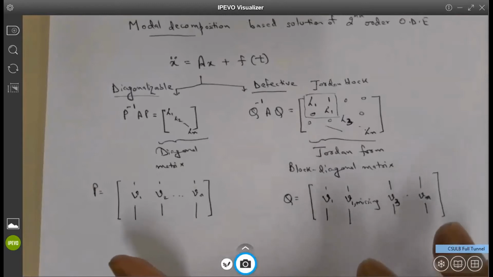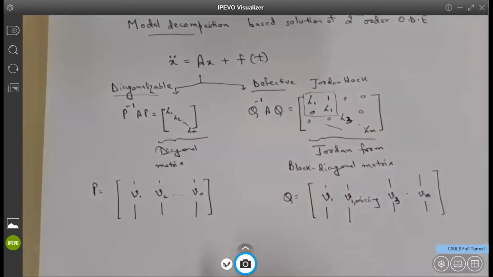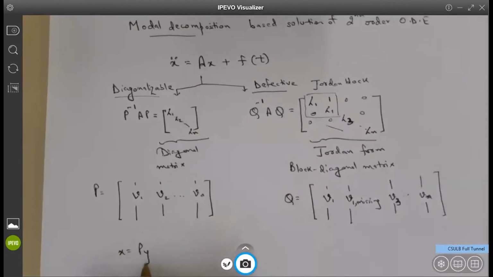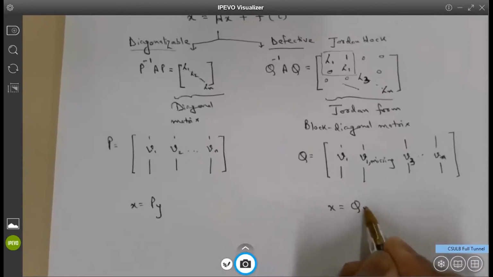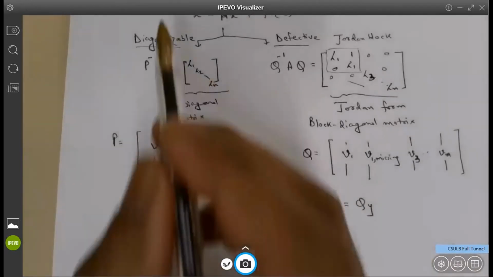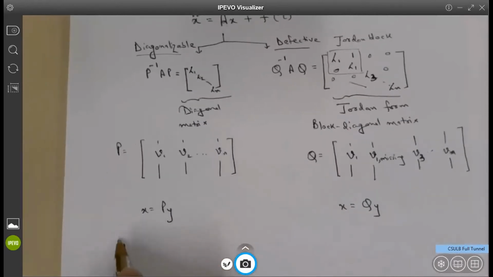So depending on the form of matrix A, what we are going to do is we are substituting X equals PY in this case, and we are going to substitute X equals QY in this case. And when you substitute this in the original second order differential equation, what you actually got is Y double dot is P inverse A P Y plus FT.